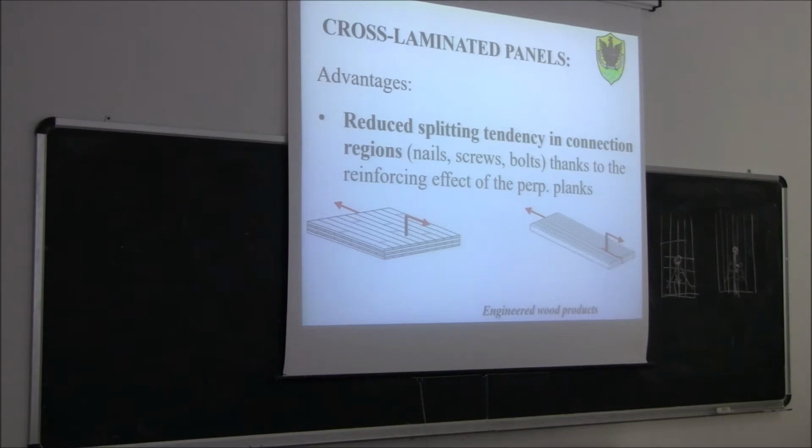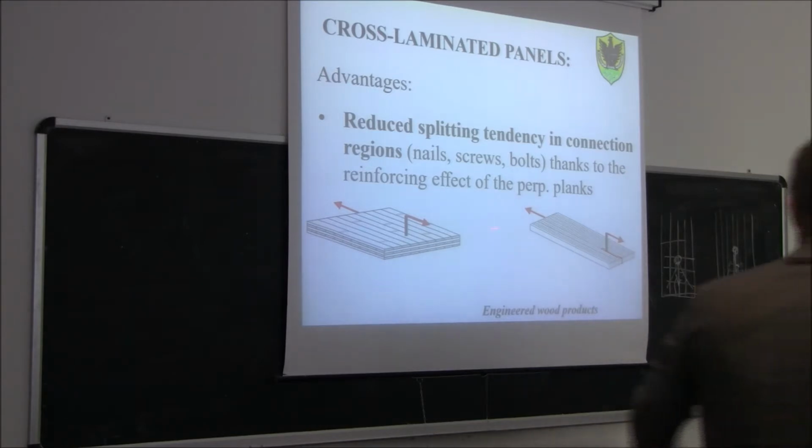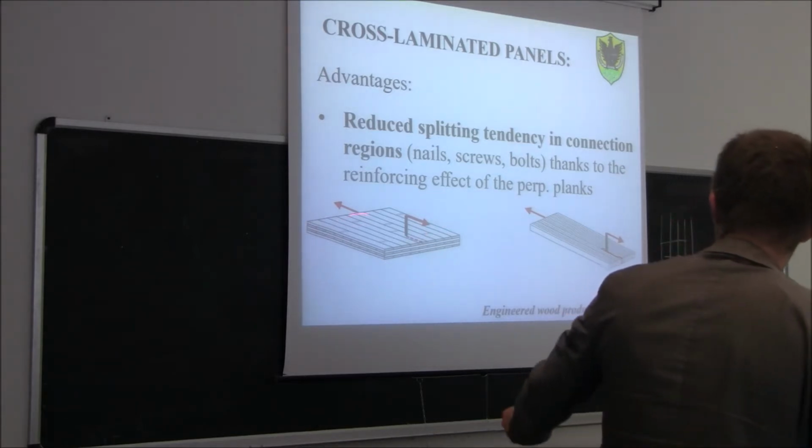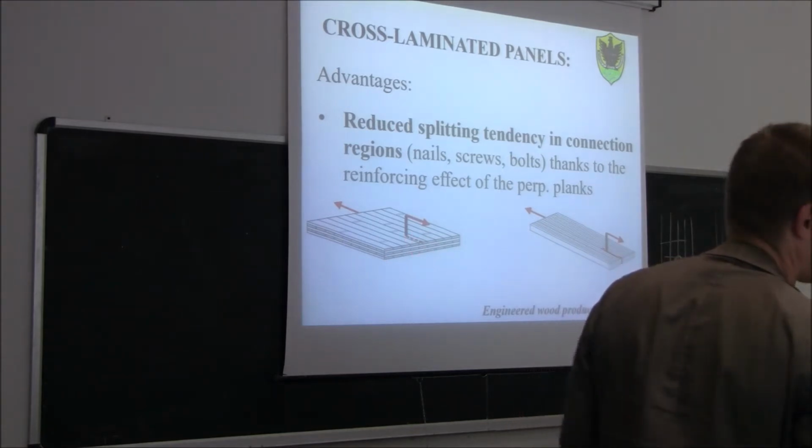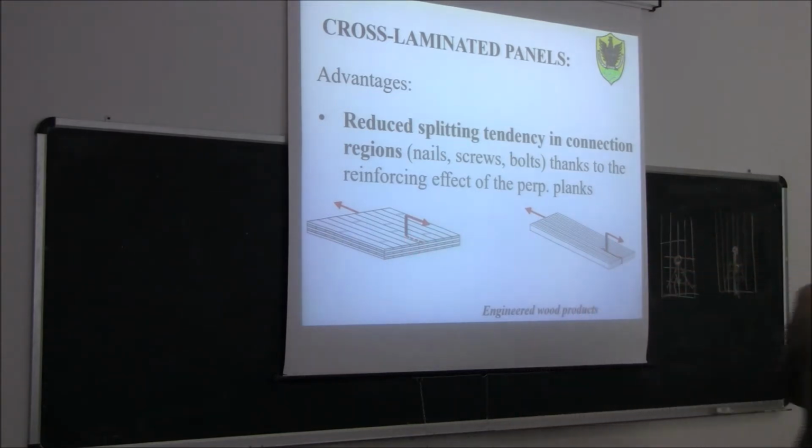So this second layer is going to provide, if you want, an intrinsic reinforcement to the panel. So in this case, we may have a splitting only on one layer, but for sure not on the other layer, because those are secondary stresses, they are low value.